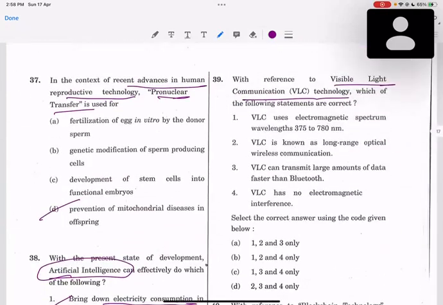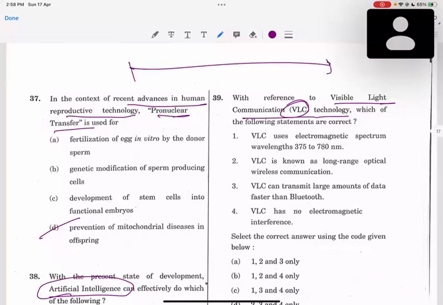VLC technology. See, this is a question based on the electromagnetic spectrum. Do read about the electromagnetic spectrum: radio waves, microwaves, light, visible light, X-rays, all these waves. Do read what the frequency or wavelength values are. Those questions are asked directly on them. Similarly, in this case also, the question has been asked directly on the values.